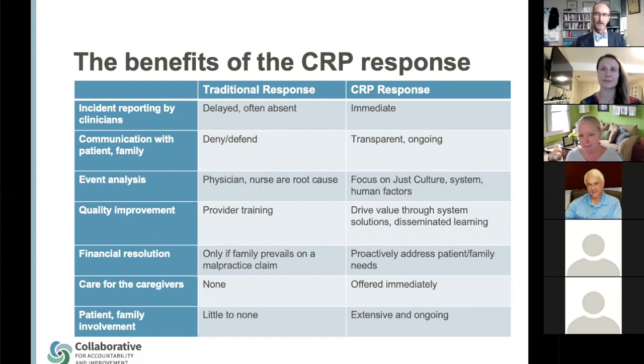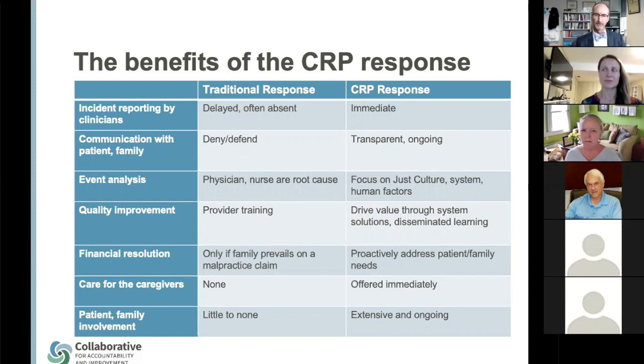In a well-functioning CRP, that would happen. This event would not just be kept between the surgeon and the patient and the family. A team of quality improvement and safety experts would be involved in investigating and figuring out how to prevent it from happening again.